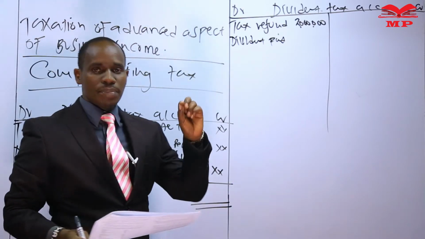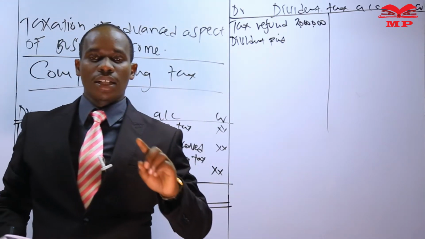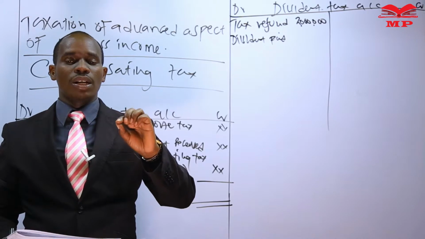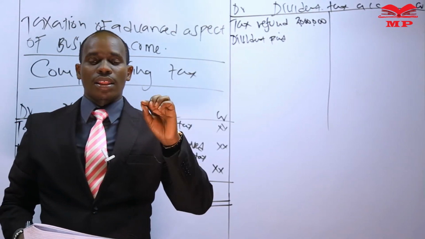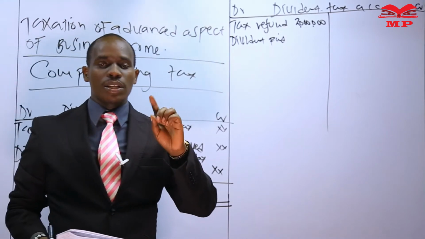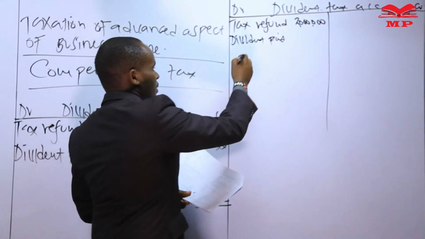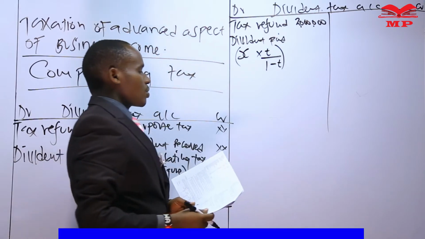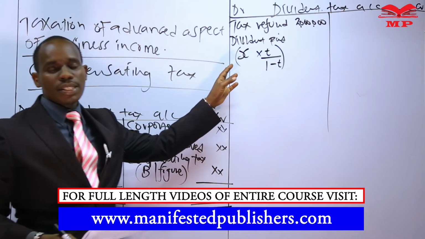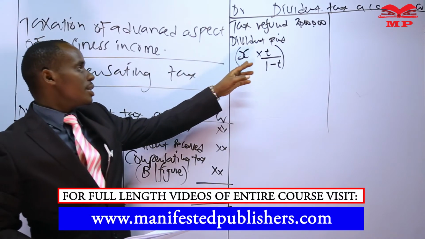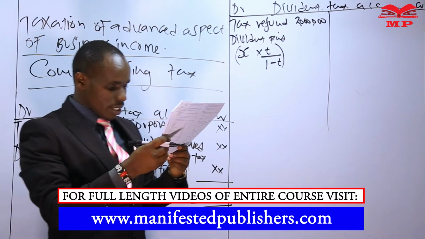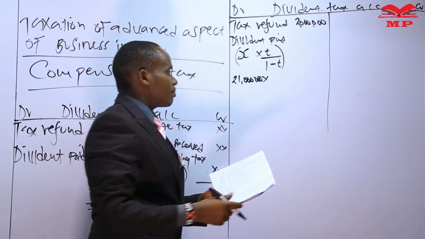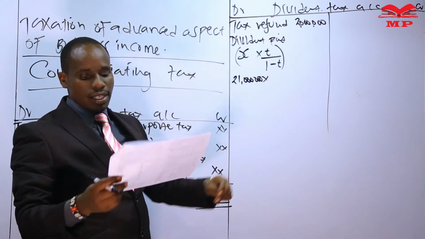And for dividend paid, we do not put the figure of the dividend. We put the corporate tax that was deducted on that particular dividend. That corporate tax is calculated by use of the following formula, that is X multiplied by T all over 1 minus T. So X in this particular case means dividend, and T means the tax rate. So for the dividend that is paid, we have 21 million. You multiply by the tax rate, which is 30%.